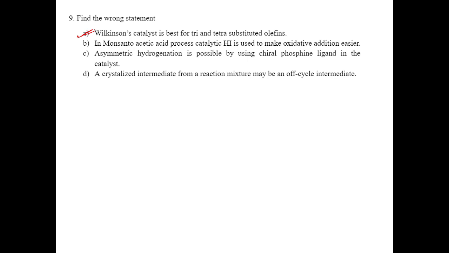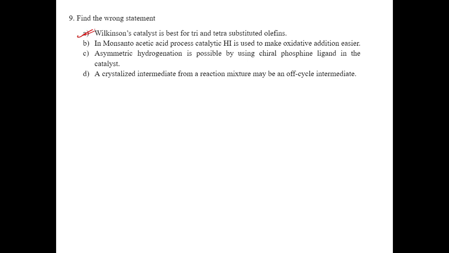If you are getting a crystallized intermediate, that means the abundance of that intermediate in the solution is much higher. If any intermediate is in the cycle, it is being consumed and also produced, so it will not crystallize that way.